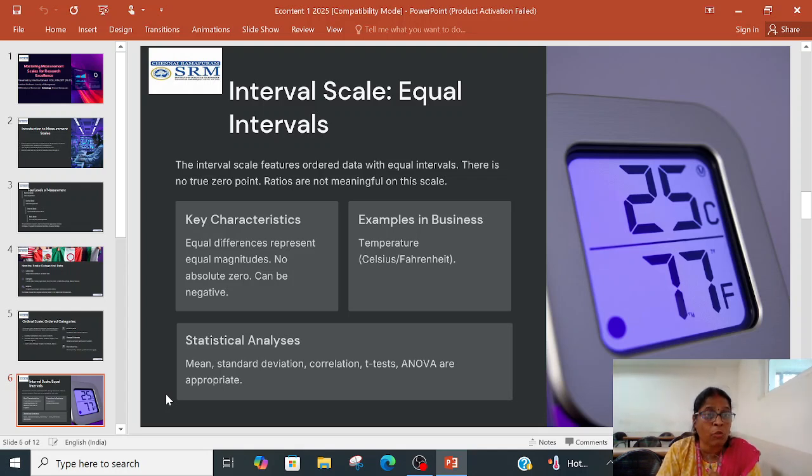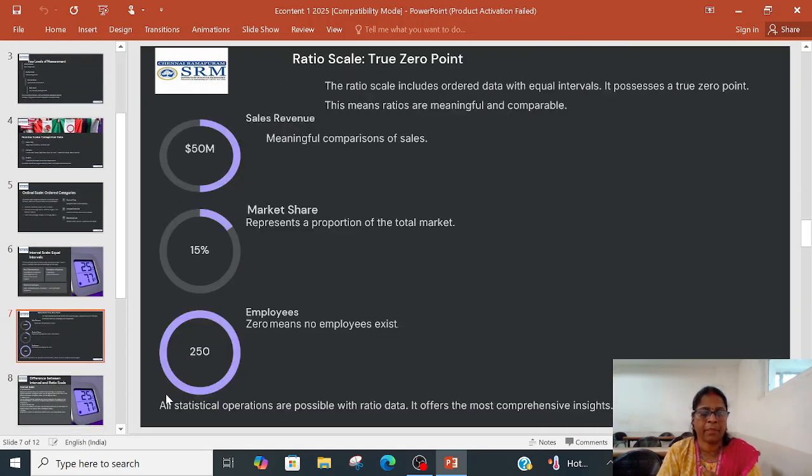It can be negative but there is no absolute zero. Equal differences represent equal magnitudes here. Mean, standard deviation, correlation, t-test, and ANOVA are appropriate statistical tests here. This we will again see in detail in the next slide.